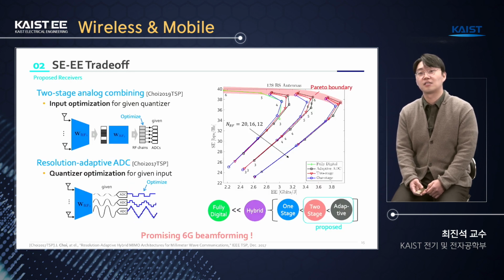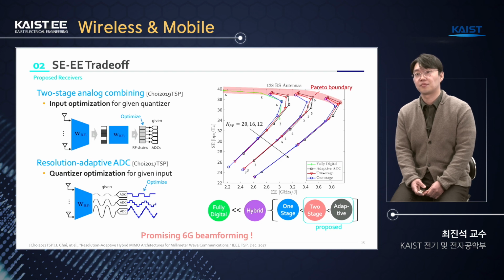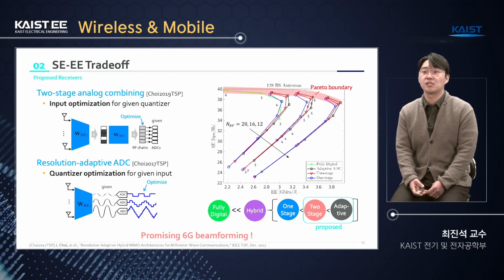So I plot the performance of my two-stage combining analysis with my previous work, resolution adaptive ADC. They are basically complementary to each other. The two-stage analog combining case has fixed ADC bits, and it tries to optimize the inputs for the ADCs.